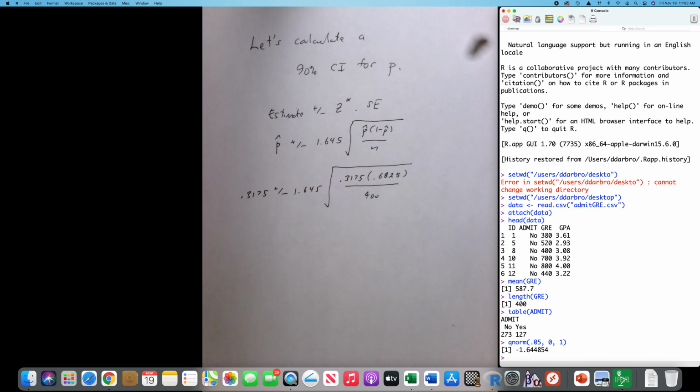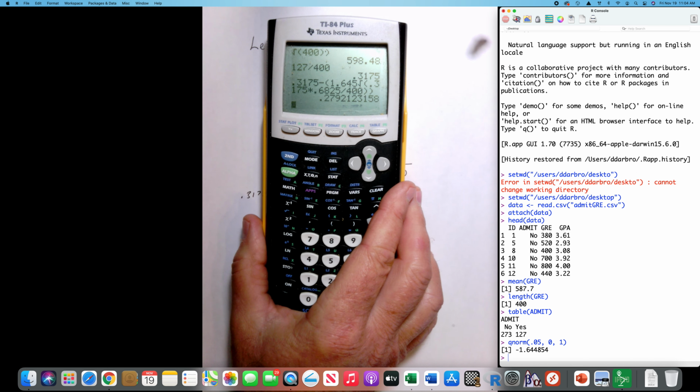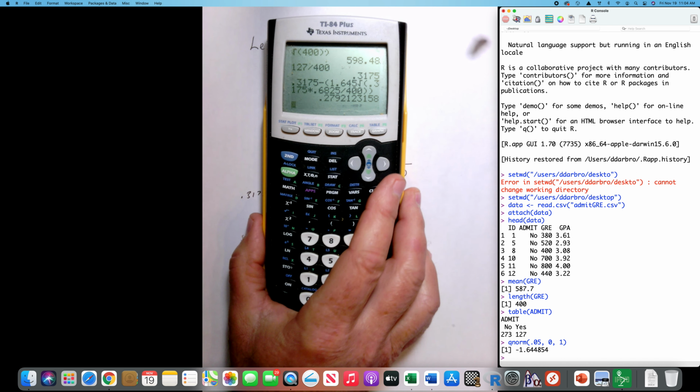So grab your calculator, and that should be, I wish I could fast forward here, but I can't. So I get that. Hopefully I put everything in correctly. So 0.279.